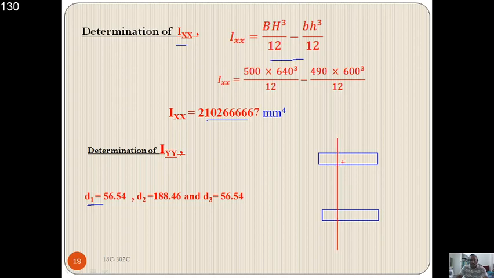But as far as your flanges' centroid is concerned, it is 500 by 2, that is 250. So this is D1 and D3, that will be 56.54. Therefore D1 is equal to D3, that is 193.46 minus 250, that is 56.54.